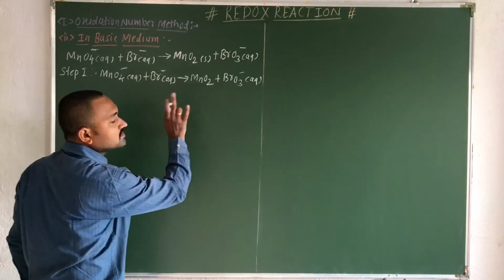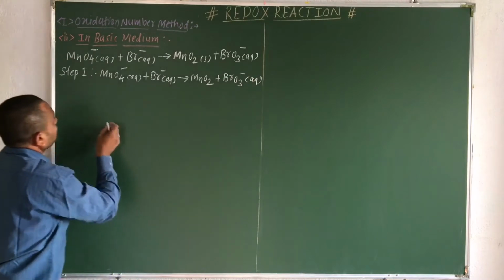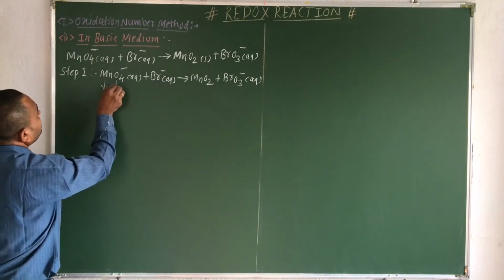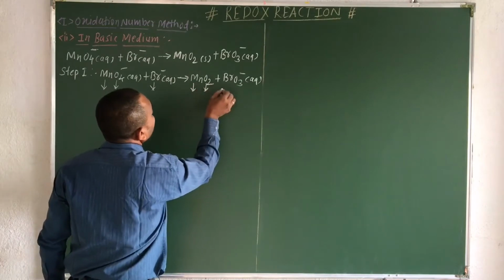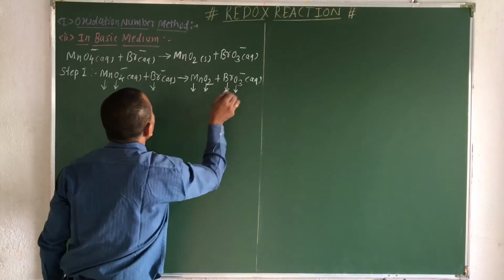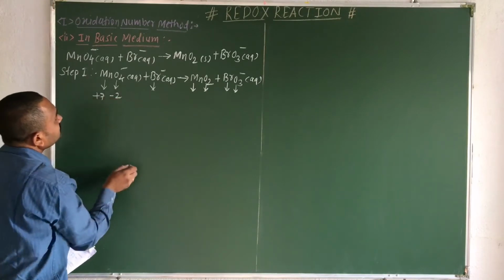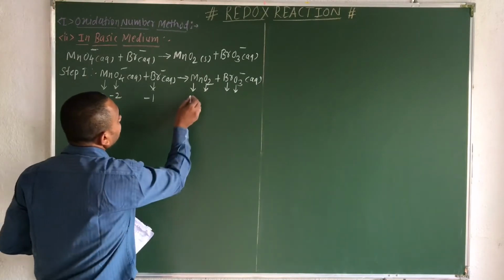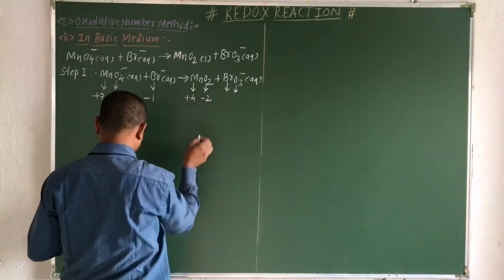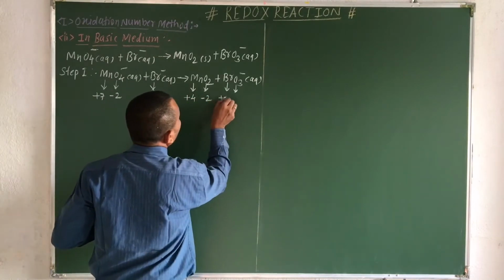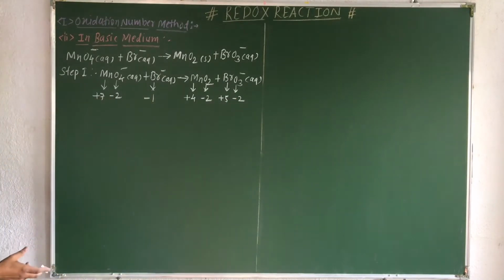So we simply assign the oxidation number for each atom: plus 7, minus 2, minus 1, equals plus 4, minus 2, then plus 5 and minus 2. So we have assigned the oxidation numbers.